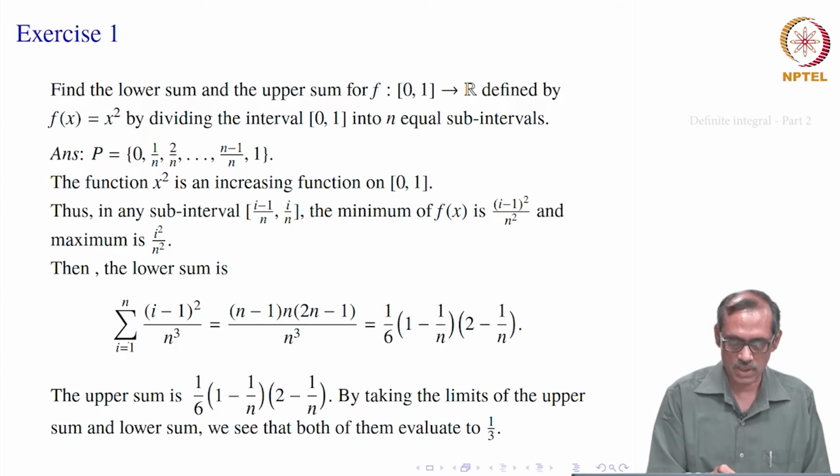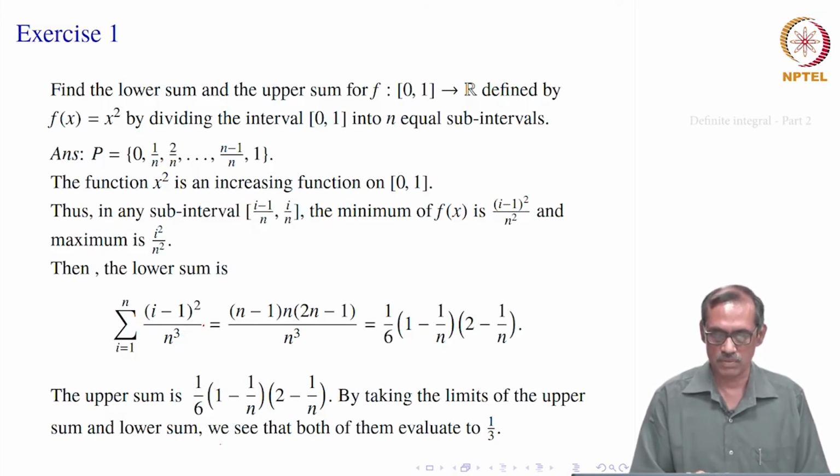Therefore, the lower sum is the summation of i minus 1 square by n square times x i minus x i minus 1, which is 1 by n. So that gives i minus 1 square divided by n cubed.